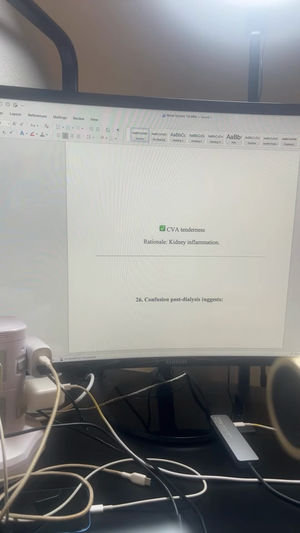Confusion post-dialysis usually suggests what? So after the patient had dialysis and they're confused, what is this suggestive of? Hypovolemia, hypotension for sure.